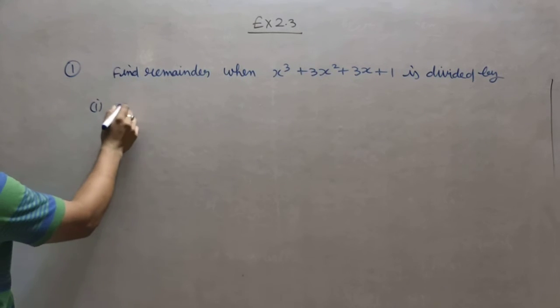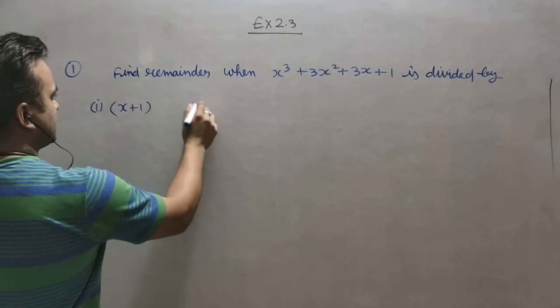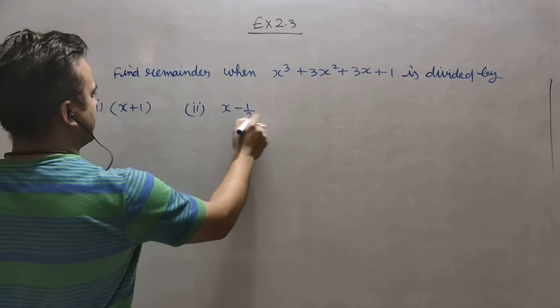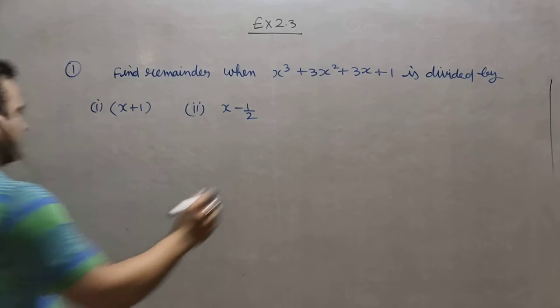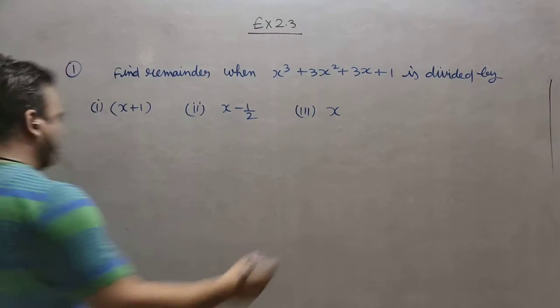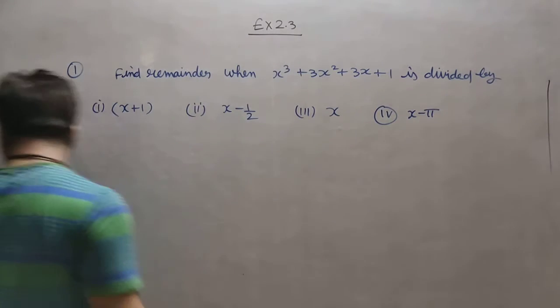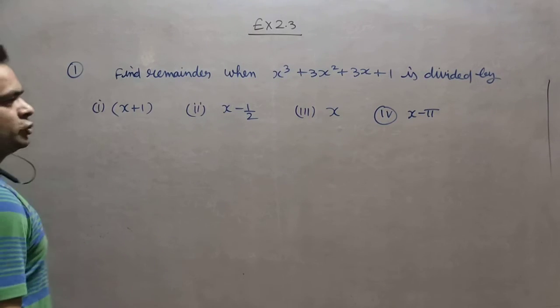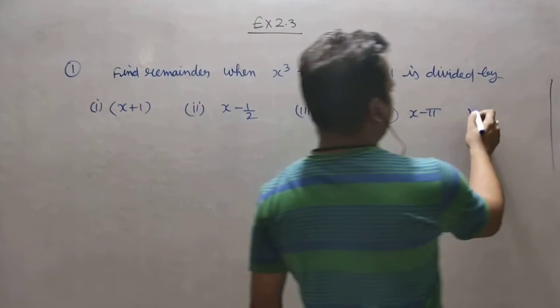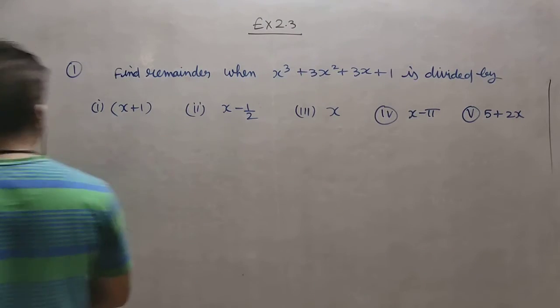Suppose in the first case the divisor is x plus 1. In the second case, the divisor is x minus 1 upon 2. In the third one, it is x. In the fourth, it is x minus pi. And in the fifth, 5 plus 2x. So we will understand one by one what you have to do.